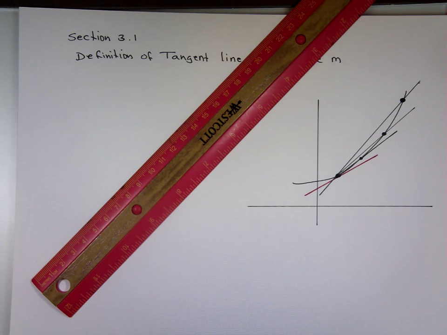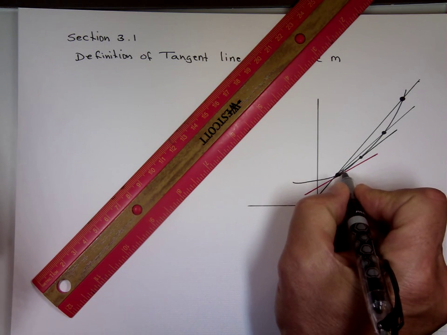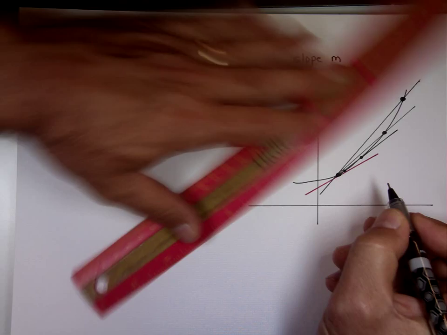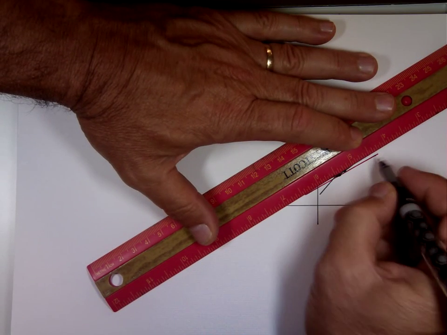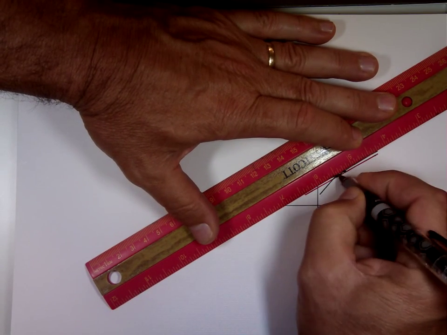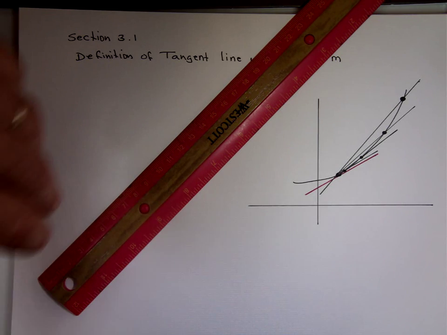That's still not good. Let me get closer right there. And if I connect the 2 points, notice it starts to get better and better each time I get closer.